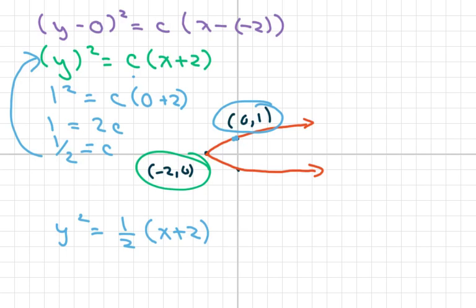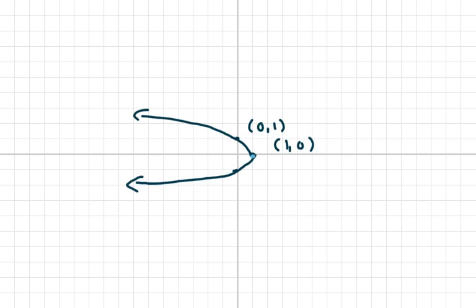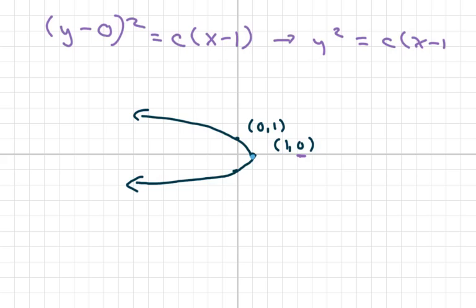Alright, the last one, it opens to the left, so let's write the form y minus 0, because your vertex is here, equals c times x minus 1, which means that's going to be y squared equals c times x minus 1.